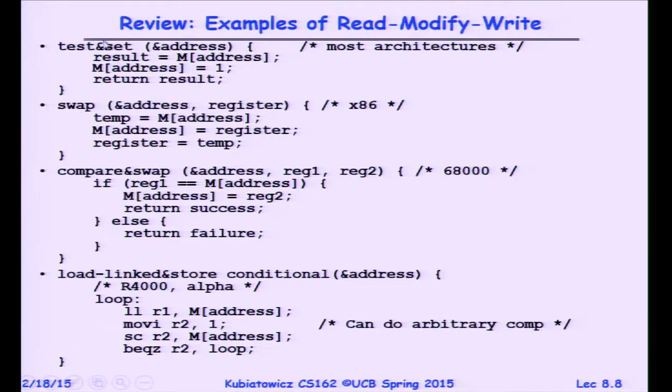But what I want you to look at in particular is this test and set operation. This takes a memory address. This is a funny pseudocode, so I apologize. And what it does is atomically, without letting any other instructions in, it loads from that address and puts it in a register called result. It puts a 1 back into that memory, and then it returns the result.